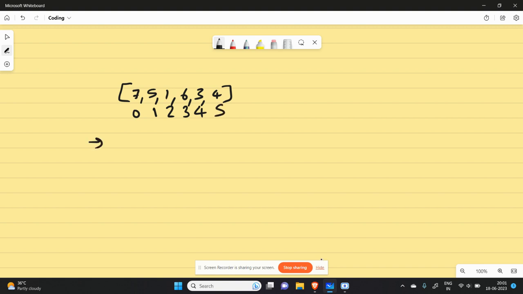Now we need to choose any day on which we will buy the stock, and on the next day, that is in future, we will sell that stock and we'll get some profit, and we just have to maximize that profit. For example, let's say I decided to buy on 0th day.